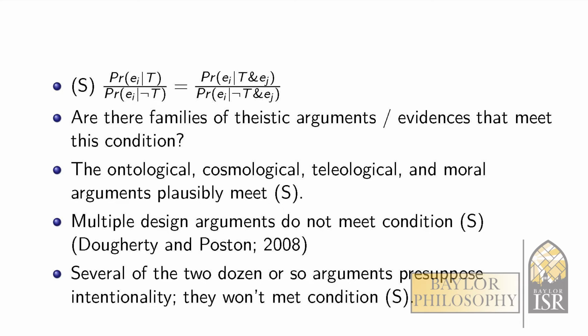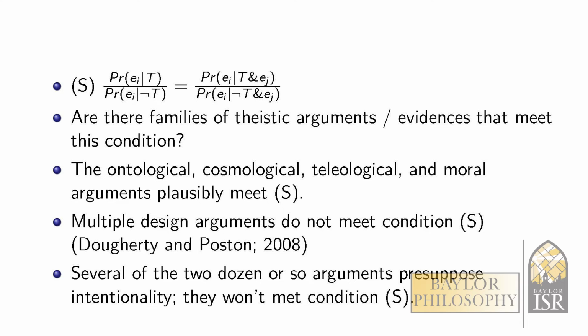On the plane ride over here, for what it's worth, I did a back-of-the-envelope calculation. It seems that at least the ontological, cosmological, teleological, and moral arguments plausibly meet condition S. You have to reformulate them a little bit, but they plausibly meet it. It seems like multiple design arguments don't meet condition S.